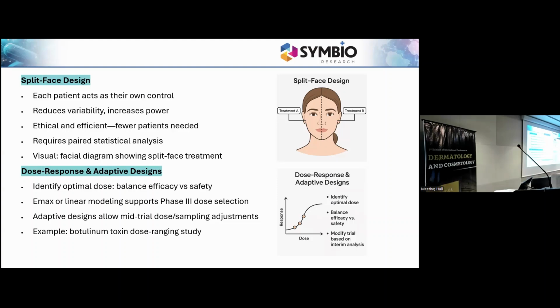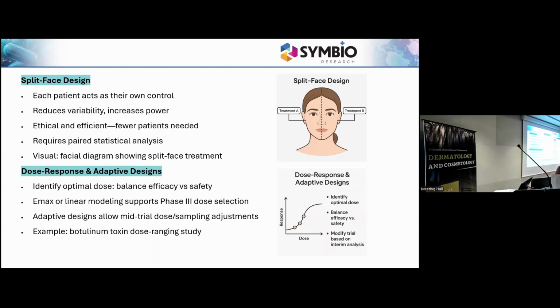But as I said, it is difficult to have participants in injectable clinical trials, because even today, with so many advances, there is a little bit of holding back of participants to enroll themselves.